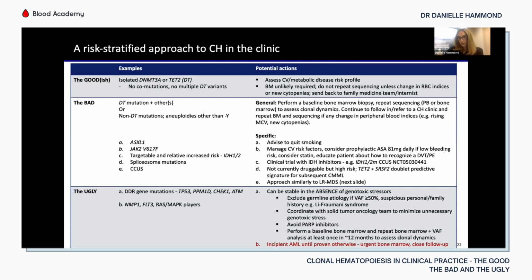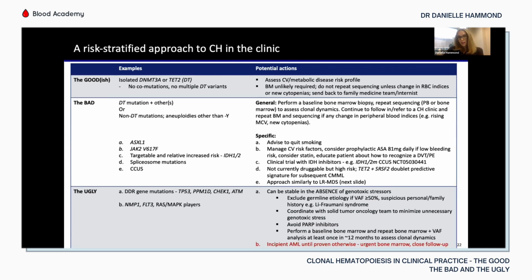Spliceosome mutations definitely carry one of the highest risks of subsequent hematologic malignancy. They are not currently druggable, but hopefully one day will be. And in particular, I just wanted to highlight the combination of a TET2 and SRSF2 doublet mutation. This is the most predictive genetic signature for developing subsequent CMML rather than MDS.